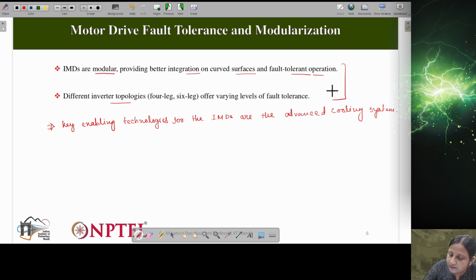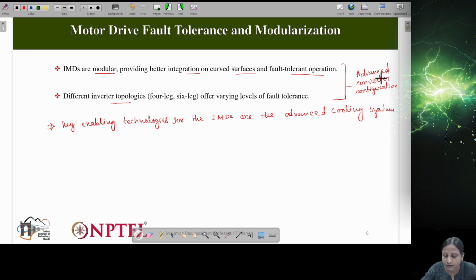So this tells us advanced converter configurations. Along with advanced converter configuration, we need an advanced cooling system as well, right?